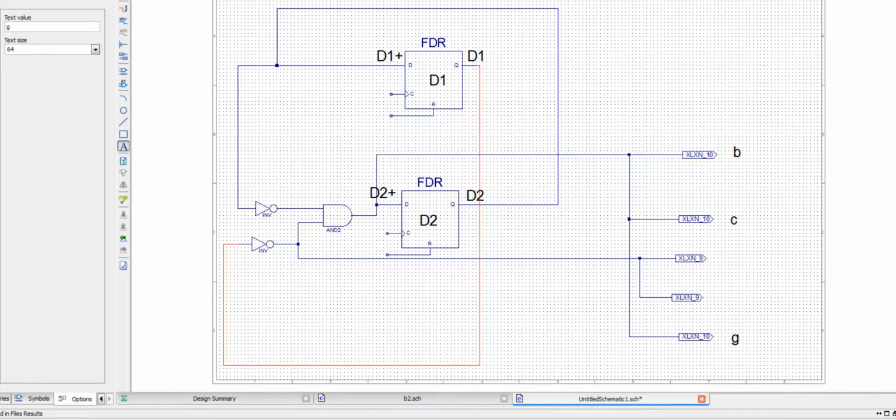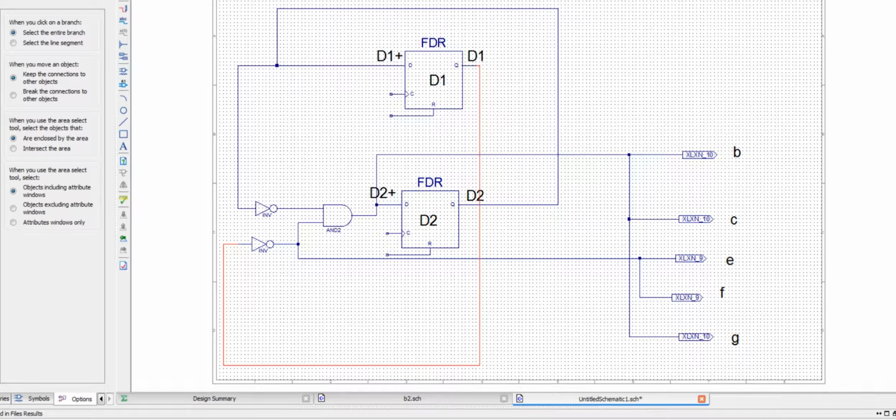So the first one should be E, the next one should be F. So see, these two outputs E and F are both connected to this not D1. So now all of our circuit is, we're almost done.